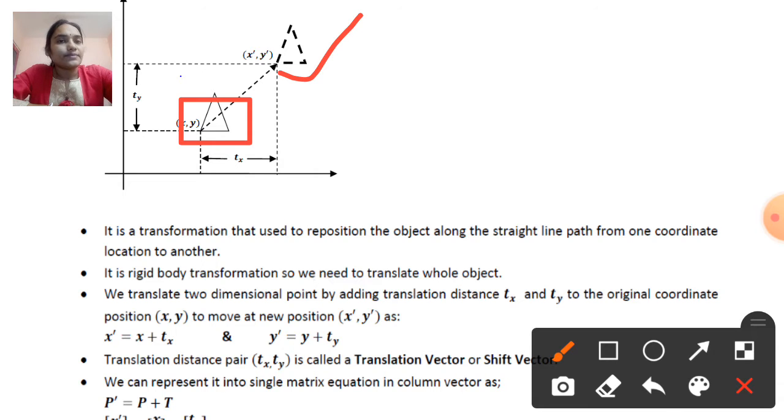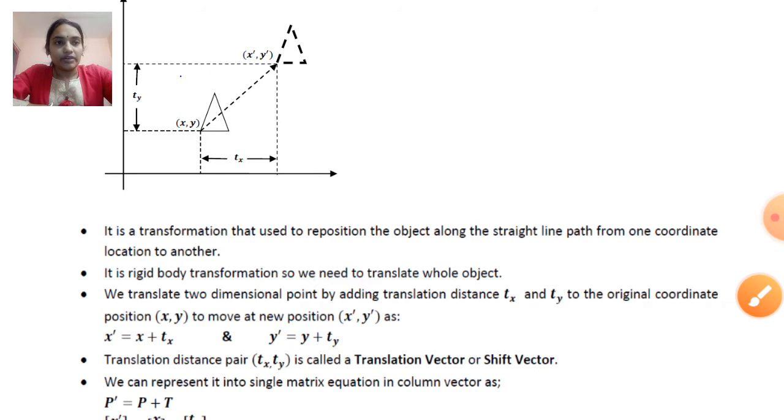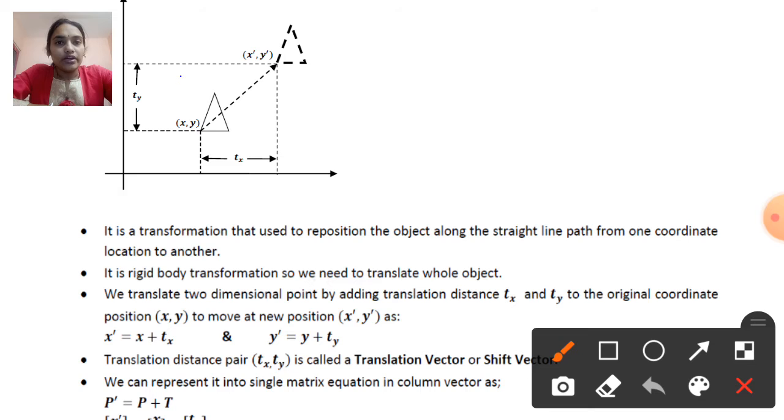It is a transformation used to reposition the object along a straight line path from one coordinate location to another coordinate location.